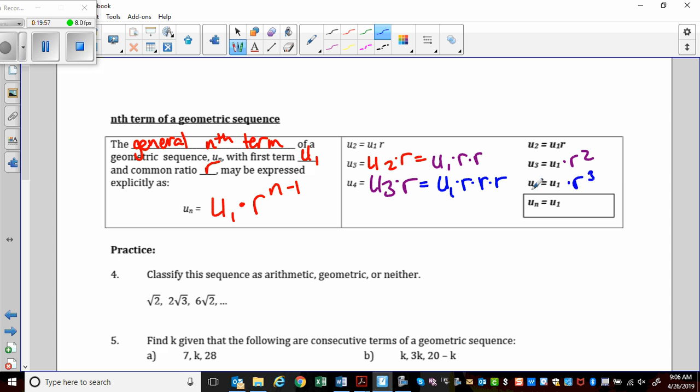And this is the fourth term. So the nth term is u sub 1 times r to the n minus 1.